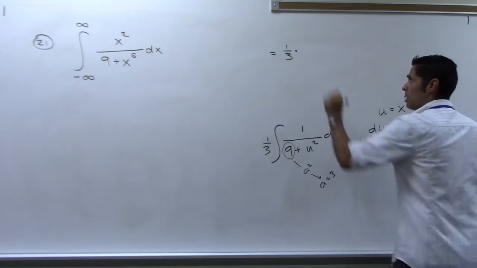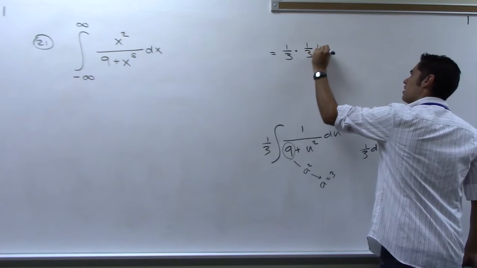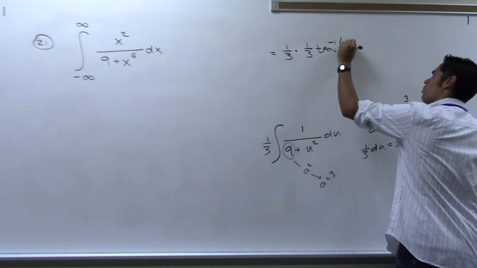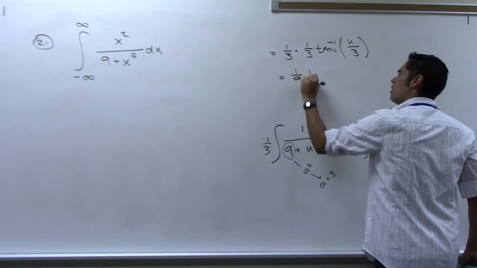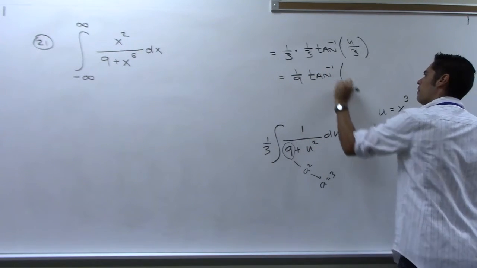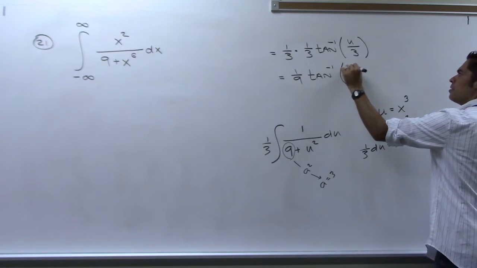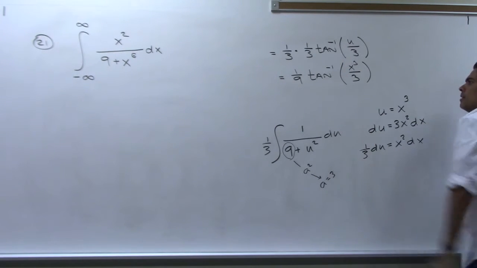The formula for arctangent is 1 over a, arctangent of u over a, so that's going to be 1/9 arctangent of u over a, but u is x cubed, so x cubed over 3. That's the antiderivative.